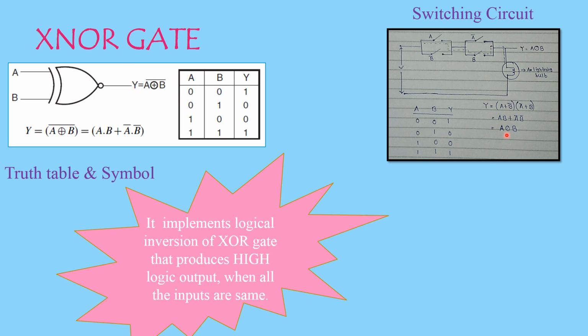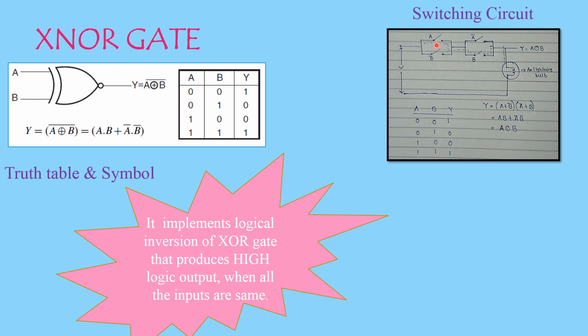That is your XNOR. Also remember, you can rewrite this expression, that is inversion of your XOR, like this, with a dot encircled. This is also called your XNOR operator. So remember this expression.